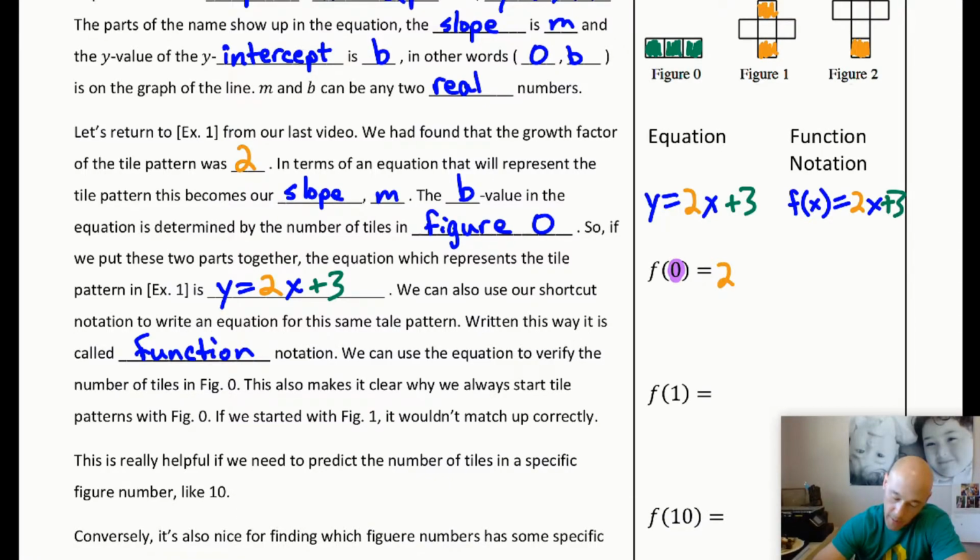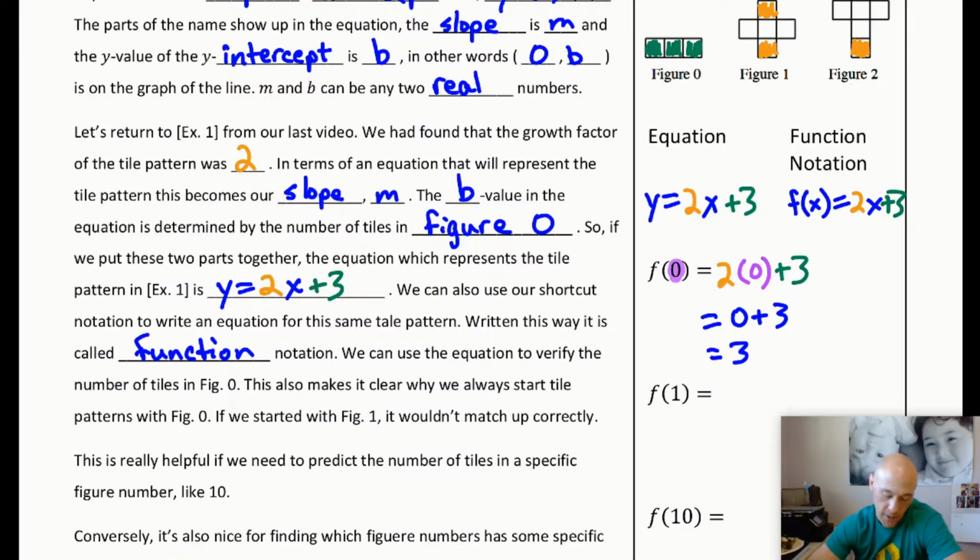So 0 becomes our input in this situation. So it's 2 times 0 plus 3. Well, 2 times 0 is 0. So that means that we have 0 plus 3, which is 3. So this says that there are 3 tiles in figure 0. And sure enough, there are.